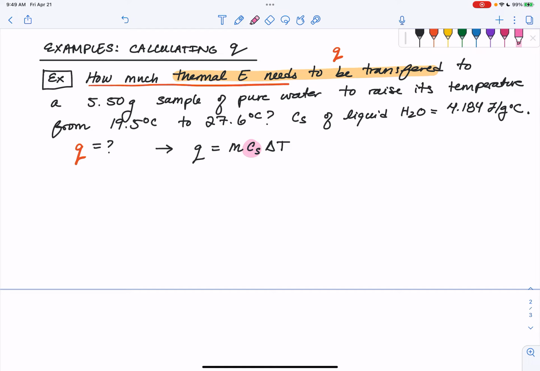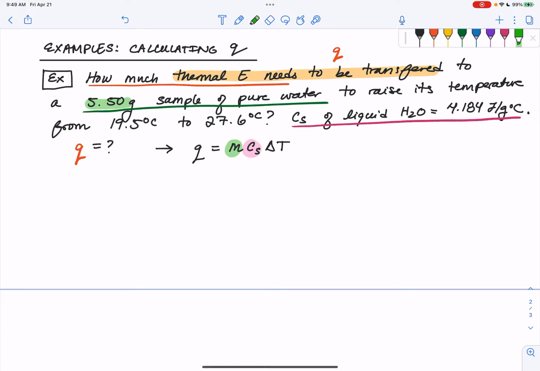And luckily, I was indeed given the specific heat capacity of my substance. Okay, mass, M. Do I have my quantity of water? So how much thermal energy needs to be transferred to a 5.50 gram sample of water? Yes, I do.